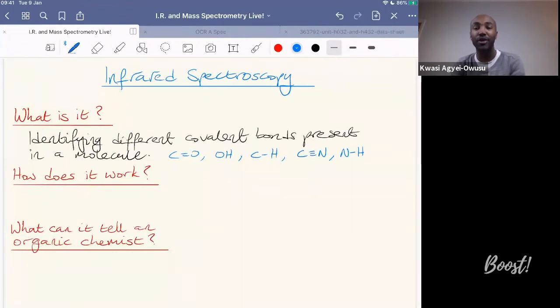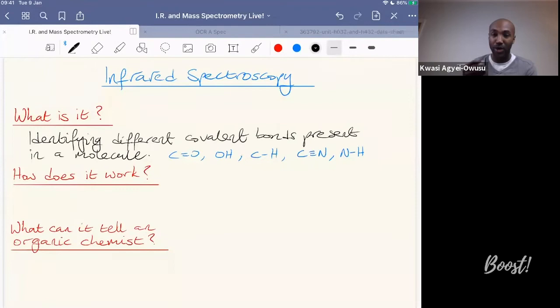And different covalent bonds will absorb different wavelengths of the infrared radiation, and that allows us to work out the different covalent bonds present in a molecule. So in answer to the question, how does it work?